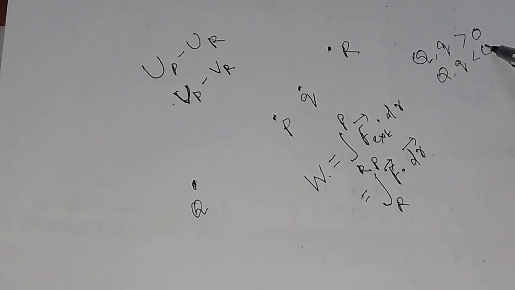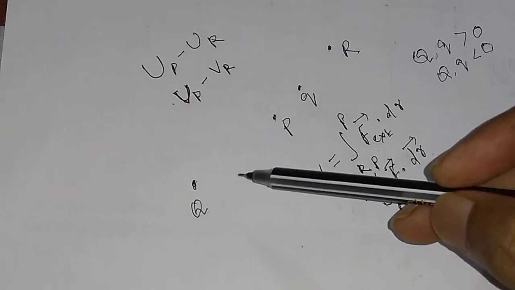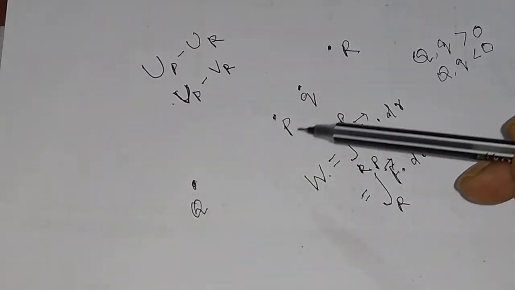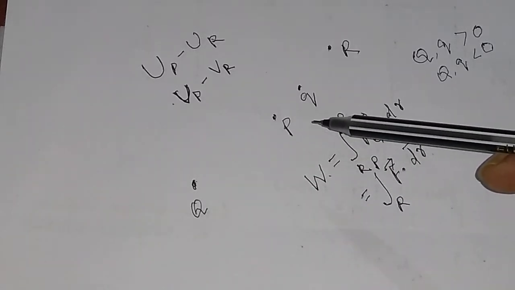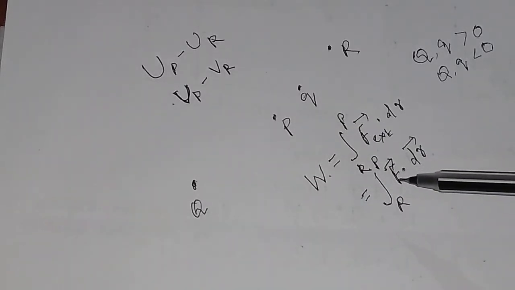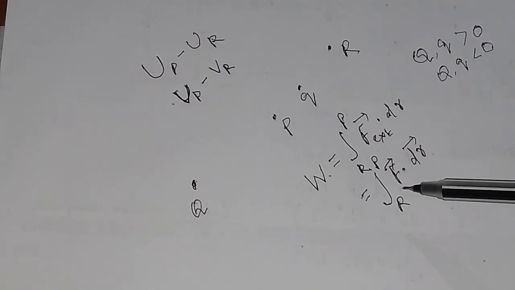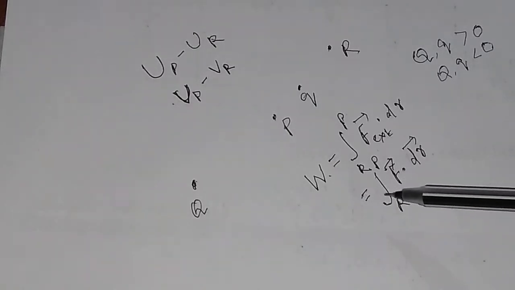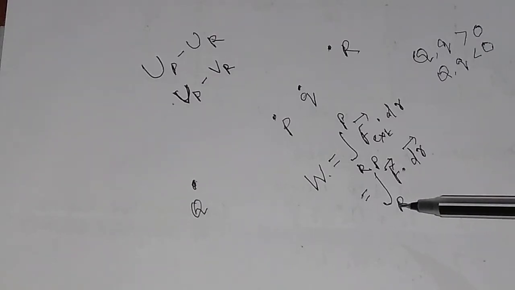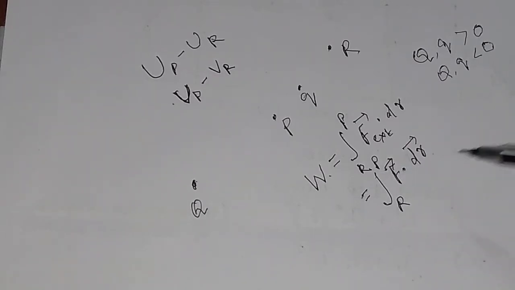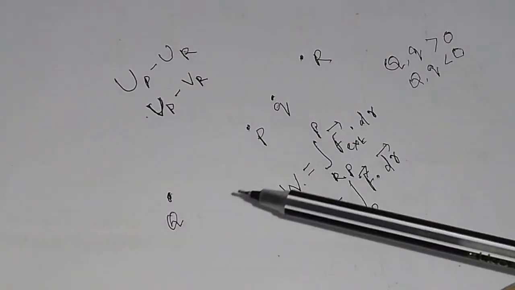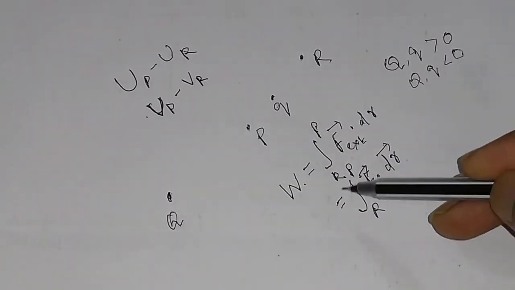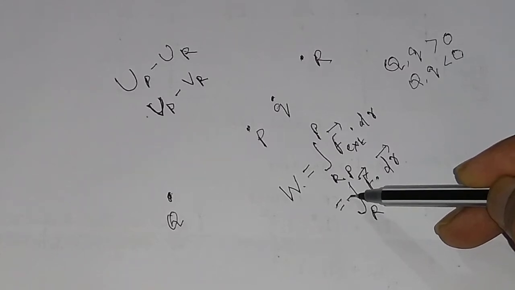Suppose the source charge is positive and the test charge is also positive. In this case there will be an electrostatic force of repulsion, F. So the work done by the electrostatic force of repulsion will be W equal to the integration from R to P of F dot dr, and since the force is repulsive and both are positive, you take a negative sign here.